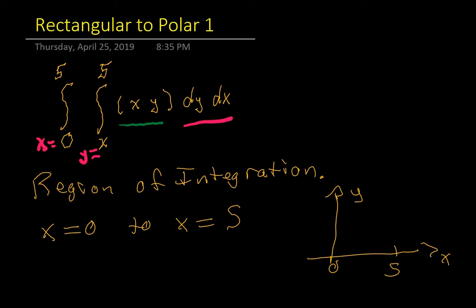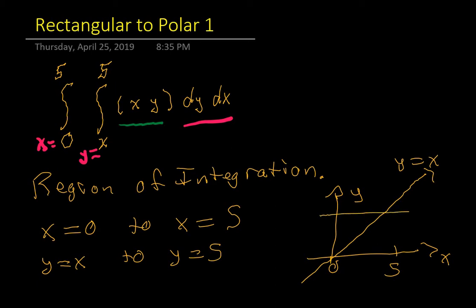And the y boundaries go from y equals x, which is the lower boundary, this line y equals x, to y equals 5, the upper boundary, which is a horizontal line. So what we'd be looking at is the region that's above the line y equals x and below the line y equals 5 in this first quadrant. It's pretty with all the colors, huh? So how do we write that in terms of polar?